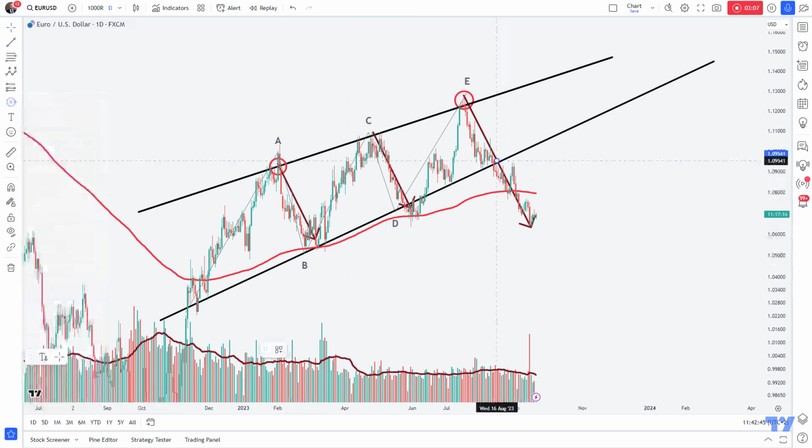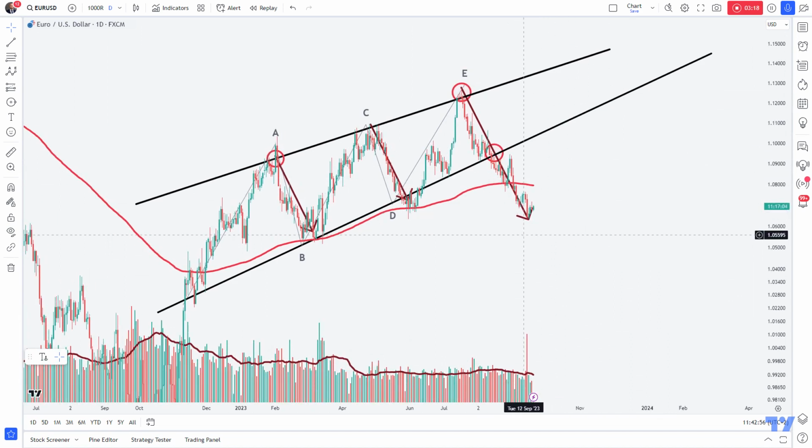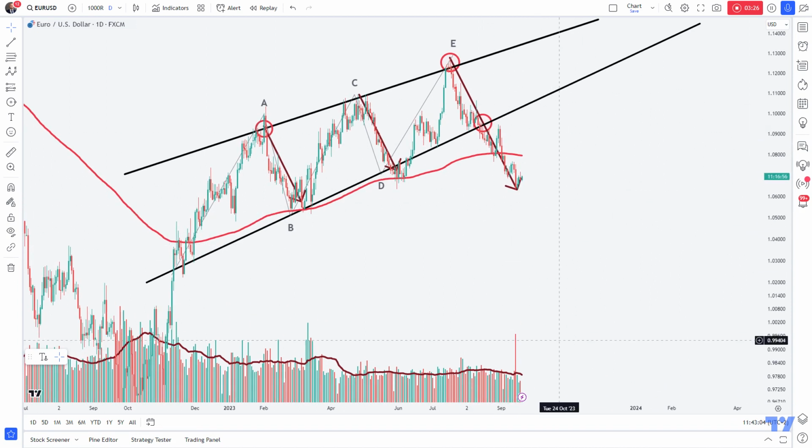In this case, this ascending wedge formation has already been completed with the breakout below the lower boundary of this gigantic ascending wedge formation. From there on, Euro USD has shown heavy bearish downside pressure, moving into lower lows within this whole structure.